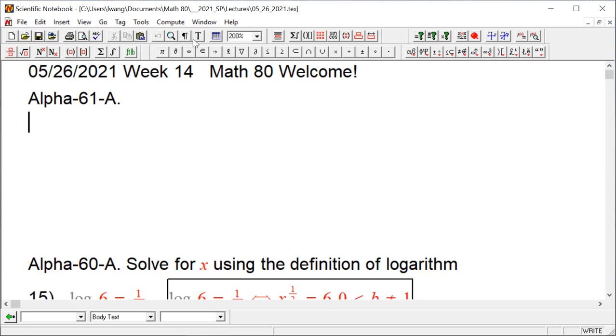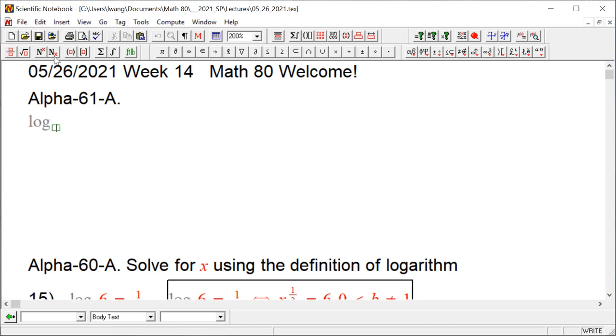For example, if you have log base 2 and you're given one number plus another number, is this correct?